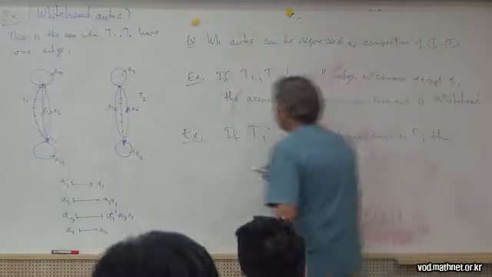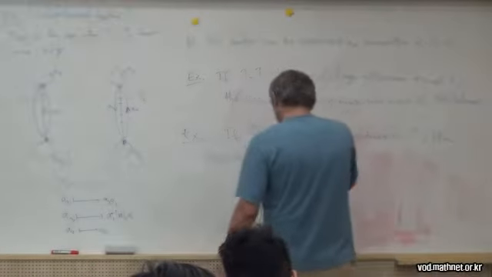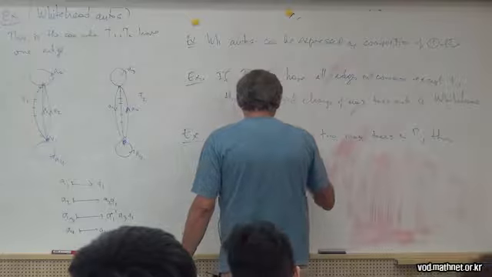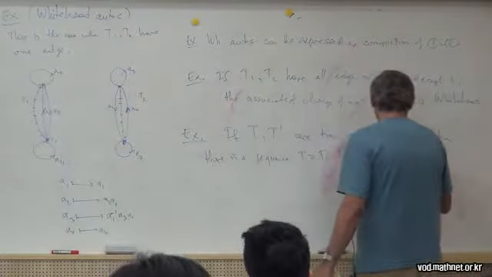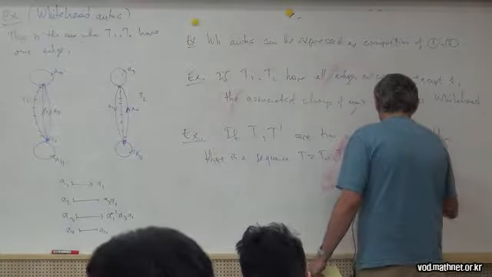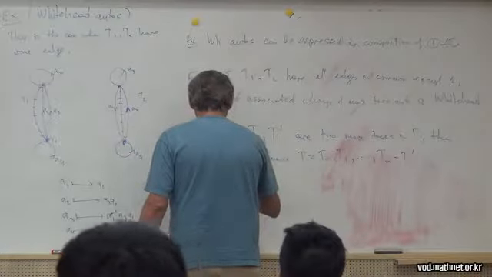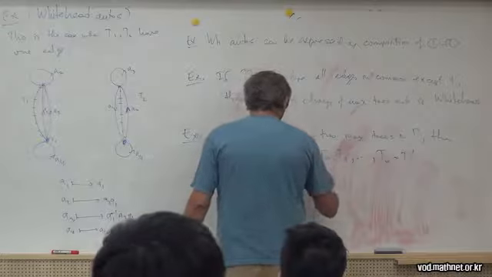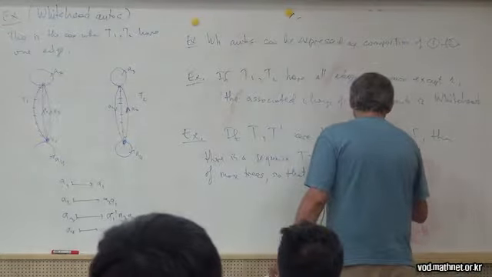Then there is a sequence T equals T0, T1, up to Tm, and Tm is equal to T prime, of maximal trees, so that Ti and Ti plus 1 differ in only one edge.